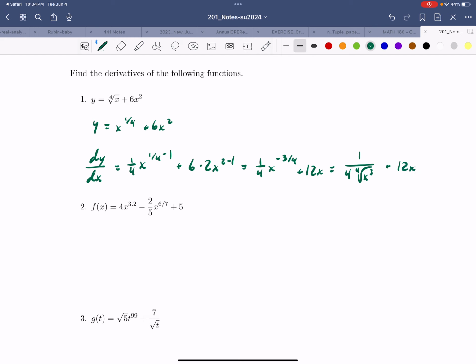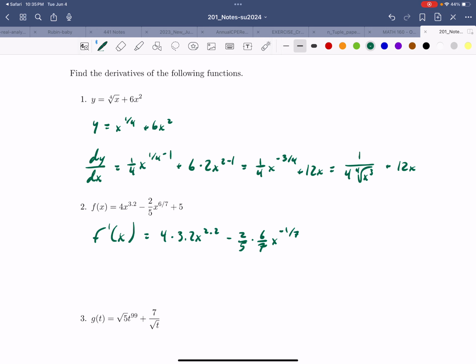Okay. Here, f prime of x is going to be 4 times 3.2 x to the 2.2. Does everyone see how I got that? Minus 2/5 times 6/7 x to the negative 1/7, because it's 6/7 minus 1.